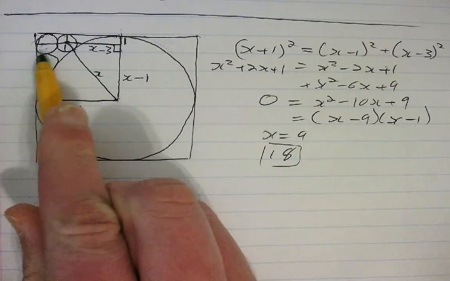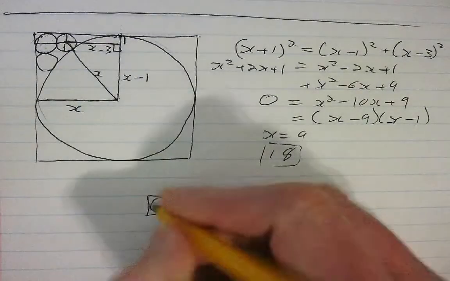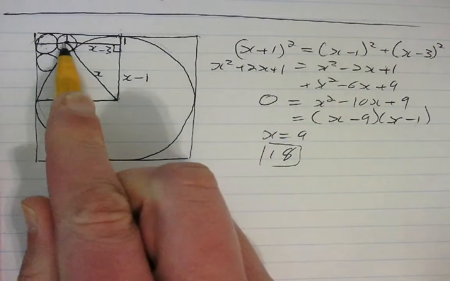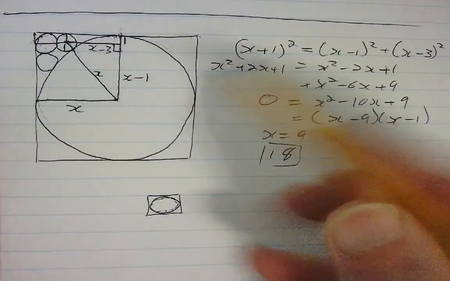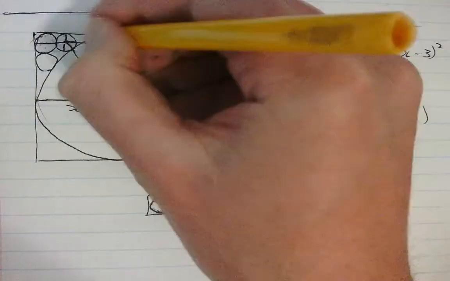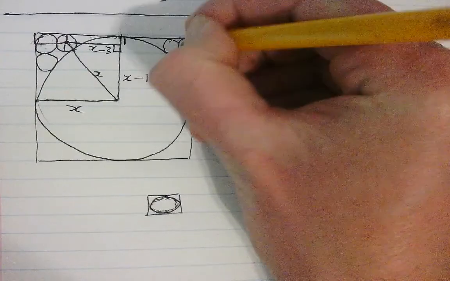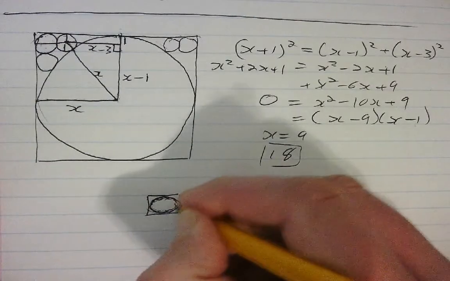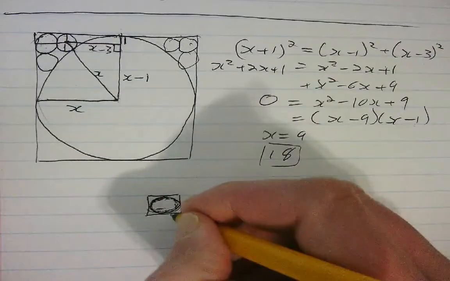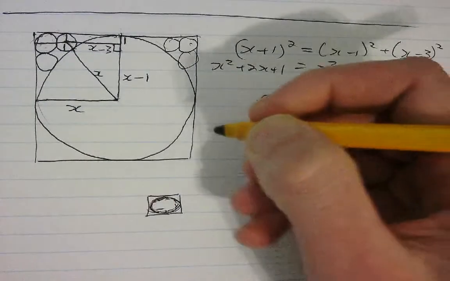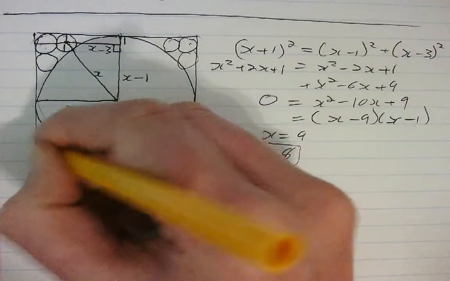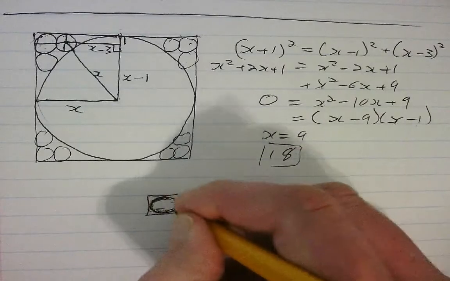This little circle has also a radius of 1, so it will be on top of this circle. This little circle also has a radius of 1, so it'll also be on top of here. Then we've got 2 circles over here, which will also be on top of this. That circle's on top of this. That circle's on top of this. And we'll get that all of the circles in this thing are all going to be on top of this one.